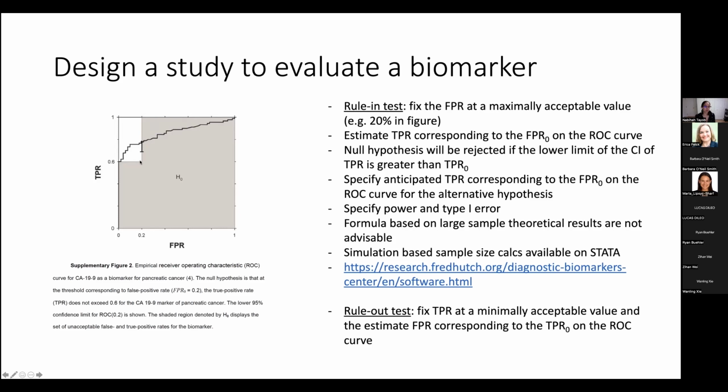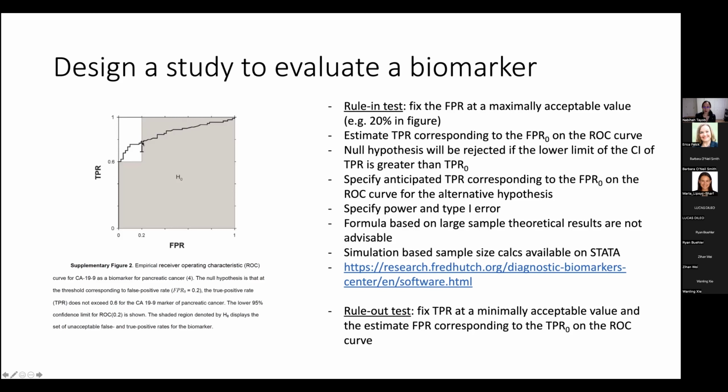So for example, here we have a maximal acceptable false positive rate of 20%. And let's say you have an existing biomarker that has a true positive rate at the false positive rate of 20% of 0.6. So then what we want to do is be able to beat that existing biomarker. And that's how we would design the study.